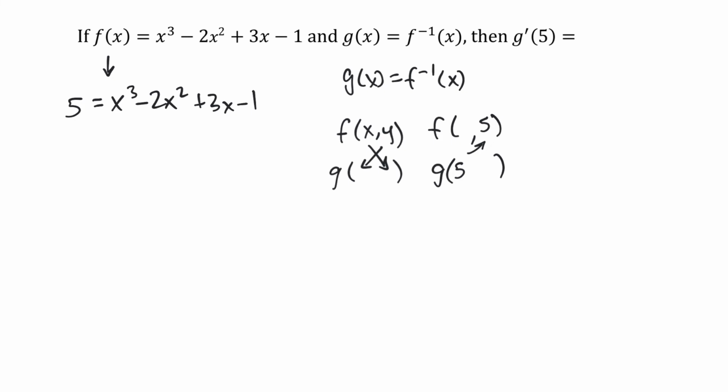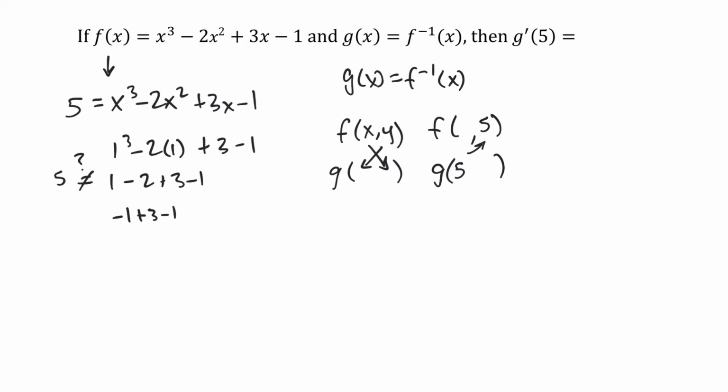You guess 1. Will 1 work? Well, 1 to the third minus 2 times 1 plus 3 times 1 minus 1. That's 1 minus 2 plus 3 minus 1. Is that equal to 5? That's just 3, so that's not equal.